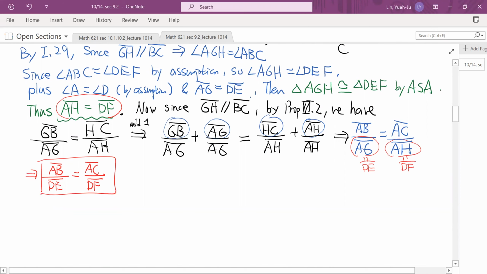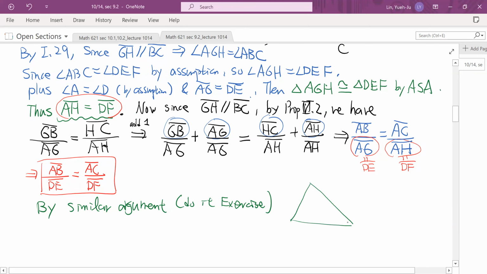So for the second part, I'm not going to do it because it will be similar. So I'm just going to write it down here as, so by similar argument. And I want to leave you to do it as an exercise, right? So I can give you a hint.